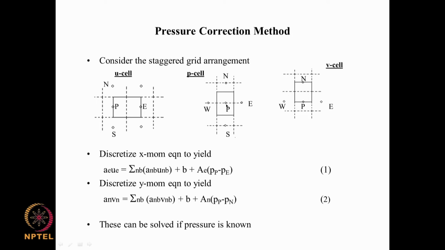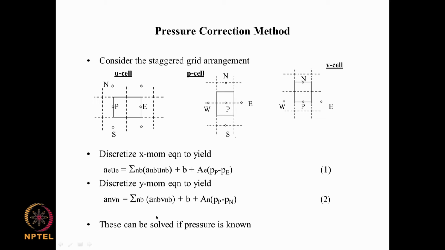So that is P at ij for all the points, then we can solve this equation for Ue, that is velocity at every I plus half j. And again, if the pressure field is known at every grid cell ij, then we can solve this set of Av equal to B equation for velocity at every ij plus half.